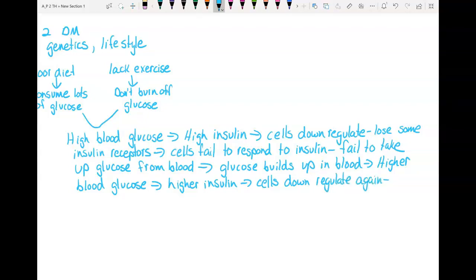This means they have even fewer insulin receptors. So now they're ignoring the insulin even more, and they're taking up less glucose from the blood.